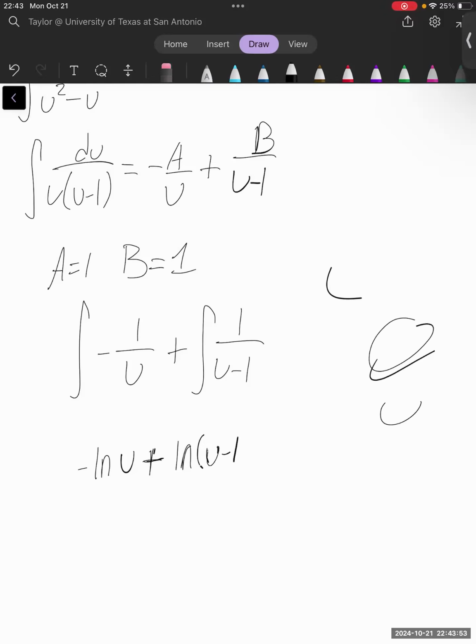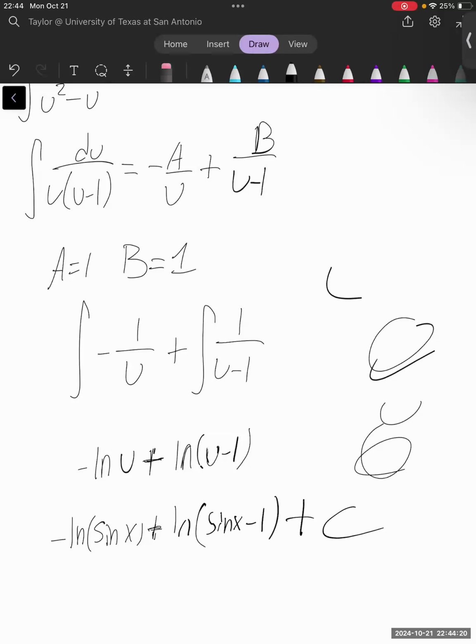And okay, substituting in my u, we see that we get negative natural log of sine of x plus natural log, I'm sorry guys, sine of x minus 1 plus c.